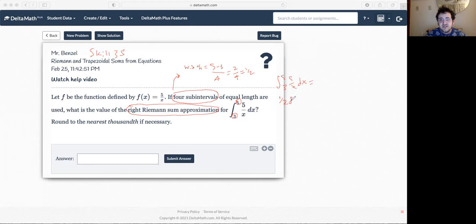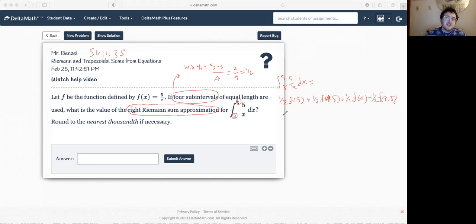So we're just going to start from the right. Then the next one is 1/2 f of 4.5, and then 1/2 f of 4, and then 1/2 f of 3.5.